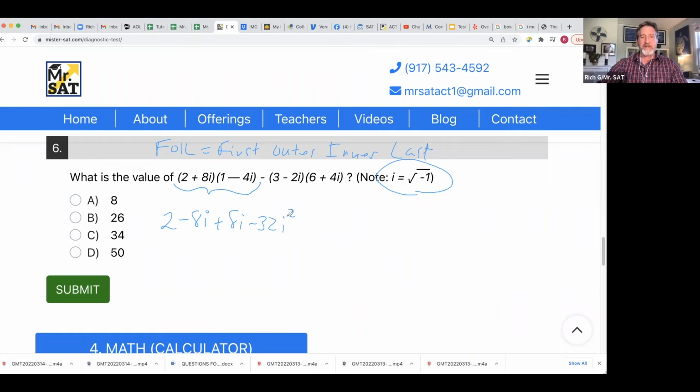Now minus, because that was all of that parentheses, minus 3, the first position, 3 times 6 is 18. Okay. The outers is 3 times 4i, that's 12i, but I got a minus, so that's minus 12i. Okay. The inners is minus 12i, but times a minus is plus 12i. Smart kids mess up the negatives.